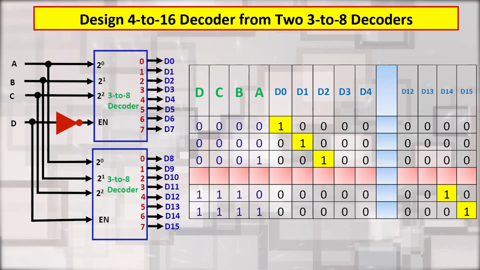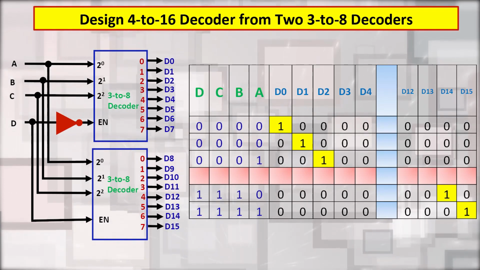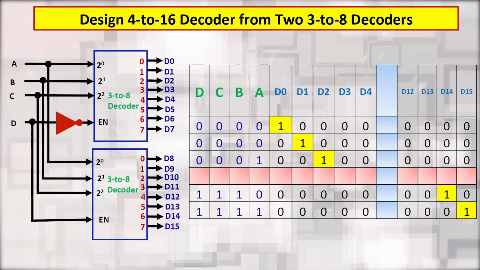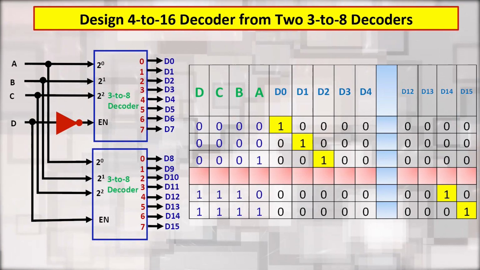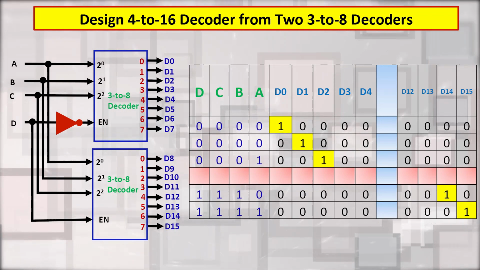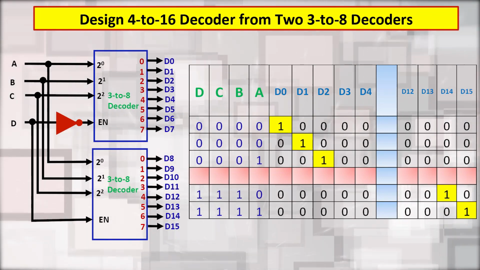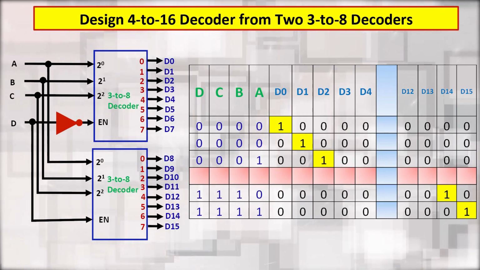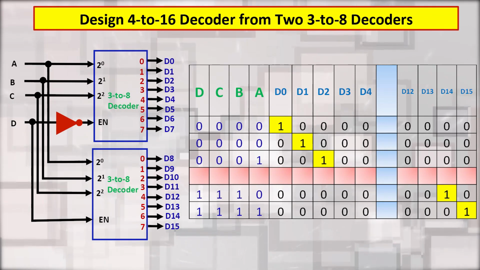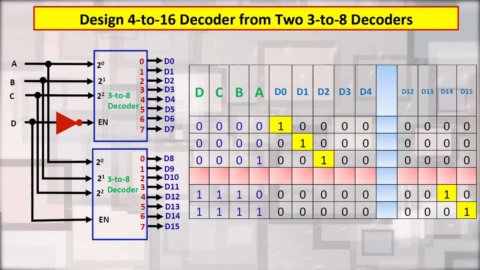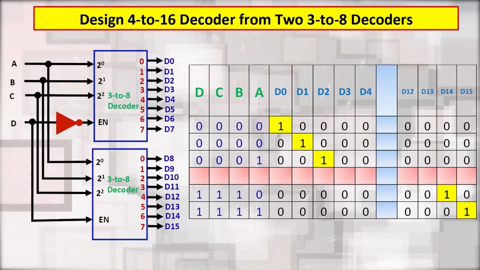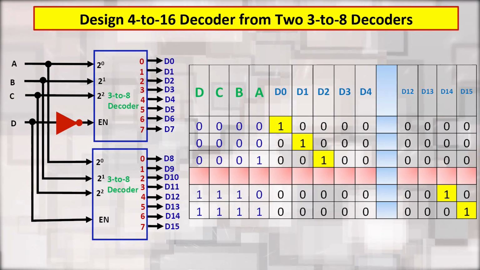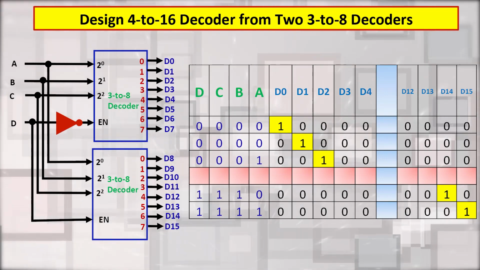The MSB bit of the 4 input is connected through a NOT gate to the enable pin of the first decoder, and the MSB of the 4 input is directly connected to the enable pin of the second decoder, and inputs A, B, C are simultaneously connected to the 3 input pins of both 3 to 8 decoders. The first decoder will give outputs D0 to D7 and the second decoder will give outputs D8 to D15.